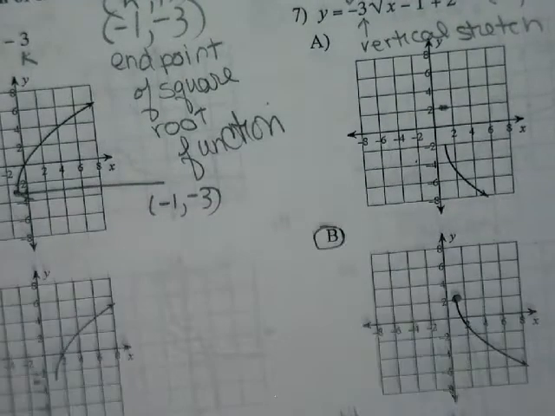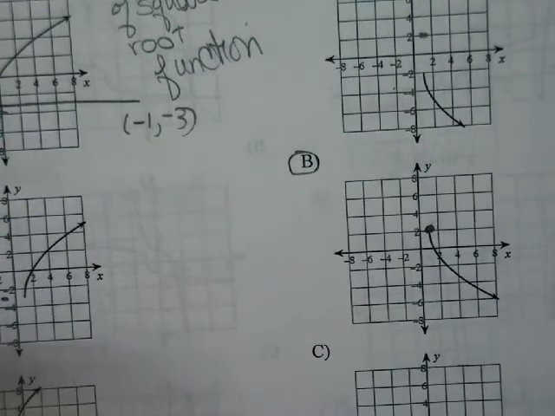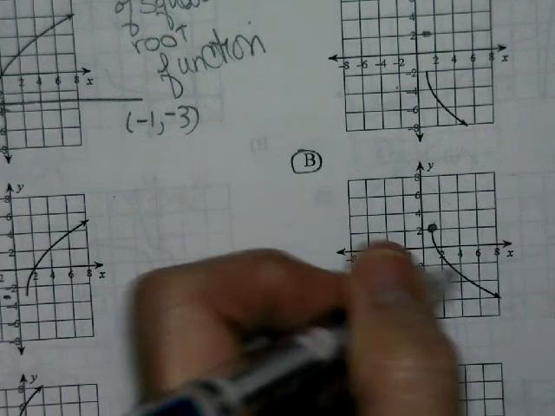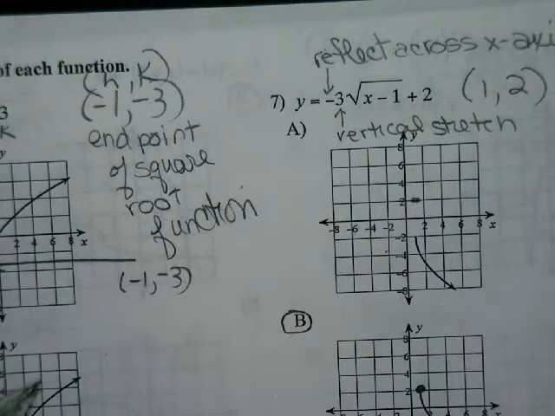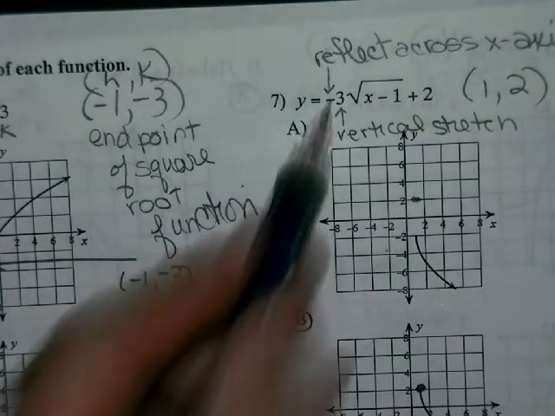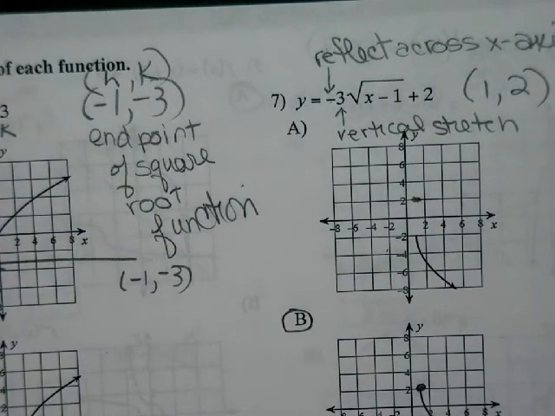C, 1 over 2 up, nope. D, 1 over 2 up, nope. So we've got our winner, winner, chicken dinner. It starts at that endpoint, and then x gets bigger, but y gets smaller because of that multiplier right there.